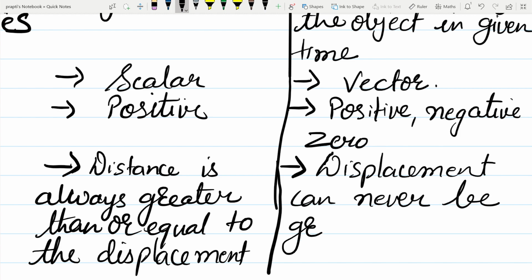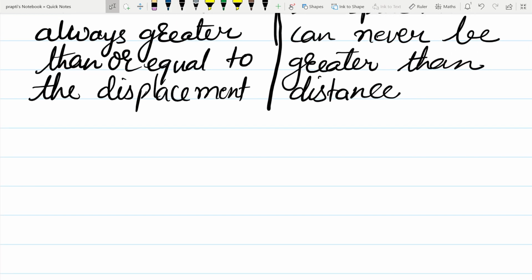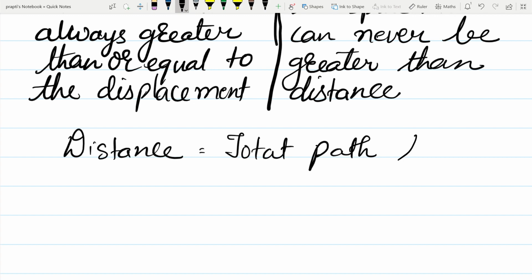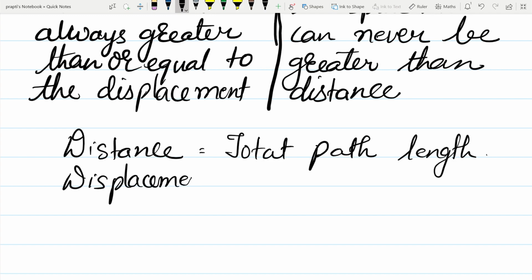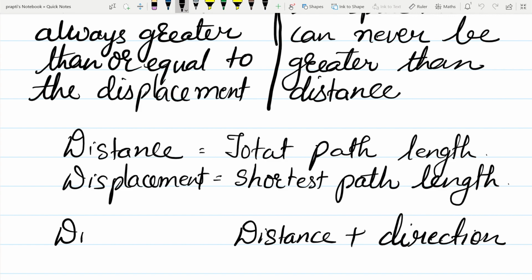In short, to remember, distance is total path length, displacement is shortest path length, or distance plus direction is displacement.